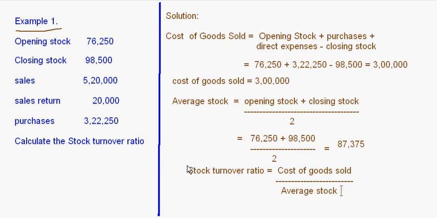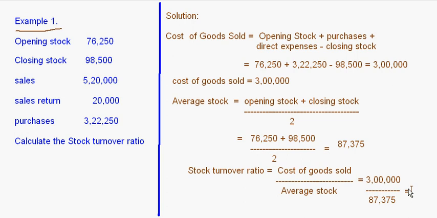Okay, so this will be equal to 3 lakh upon 87,375, and 3 lakh upon 87,375 will be 3.43.